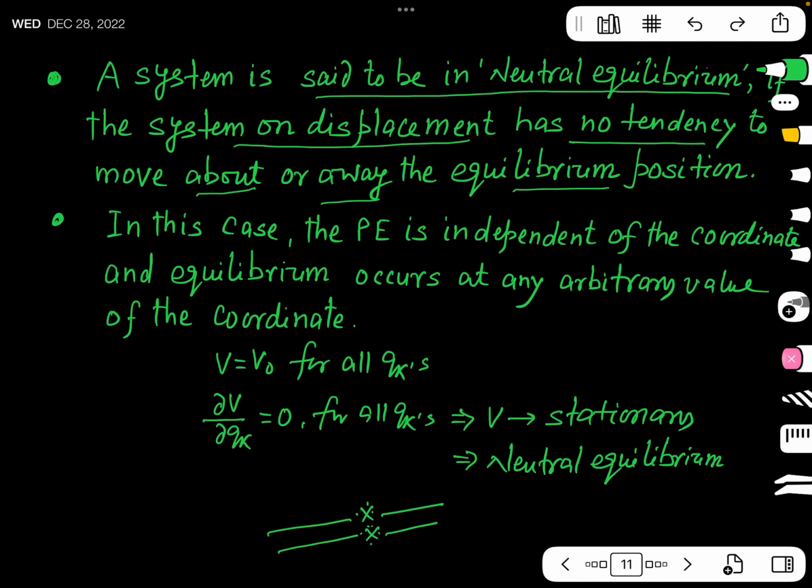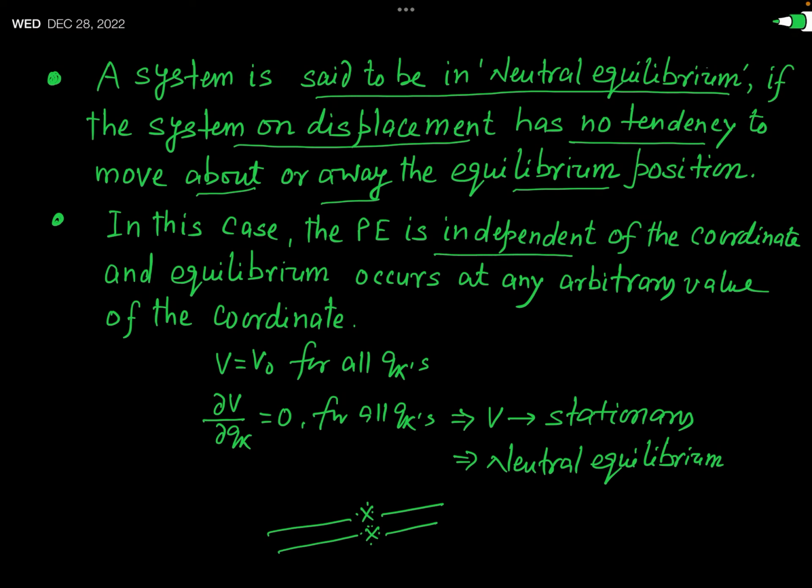You can say that in this case, the potential energy is independent of the coordinate and equilibrium occurs at any arbitrary value of the coordinate. So V equal to V naught for all qk's and del V by del qk equal to 0 for all qk's. Okay. And so you can say that V is stationary. Stationary means constant, and this actually represents the neutral equilibrium.